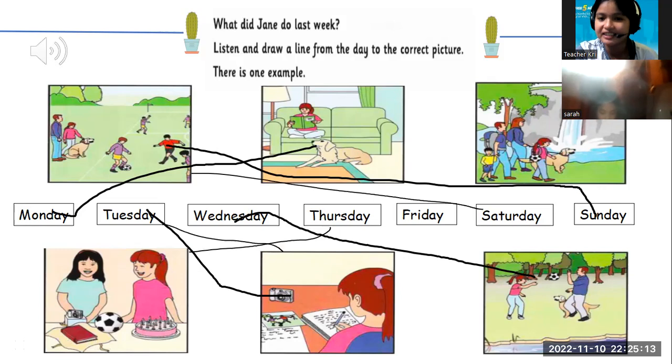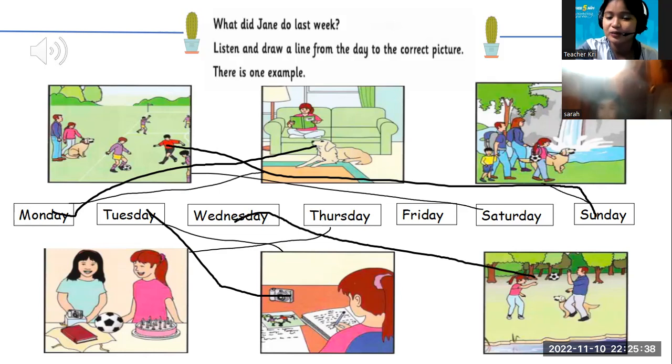The next one is Saturday, so it's not Sunday. On Saturday, they went to the playground because they played a soccer game. Okay, next day is Monday. That's right. On Monday, she was reading a story. The next day we have Sunday.